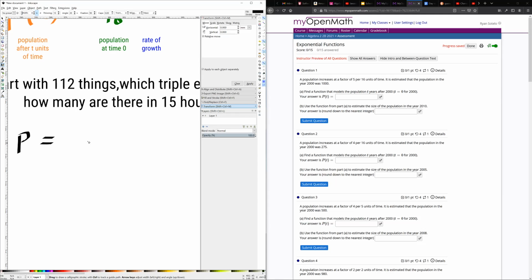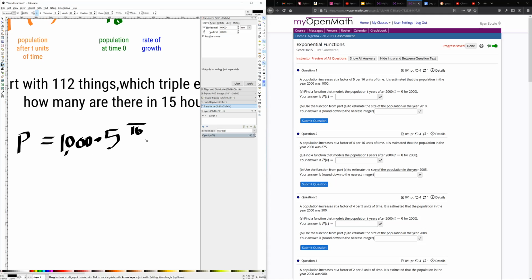My population increases by a factor of 5, so I have some starting amount, times 5. And it increases by a factor of 5 every 16 units of time, so I'm going to put the 16 down here. And it's estimated that the population in 2000, that's my starting year, was 1,000. So I'm going to put 1,000 here.